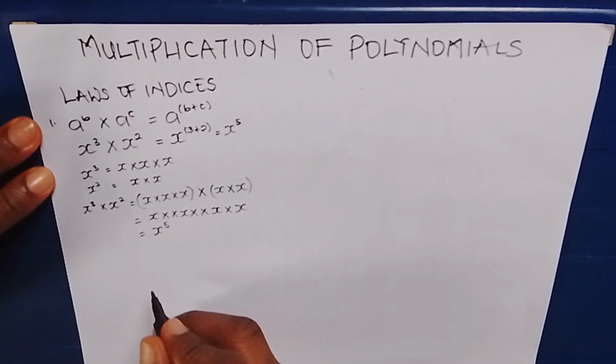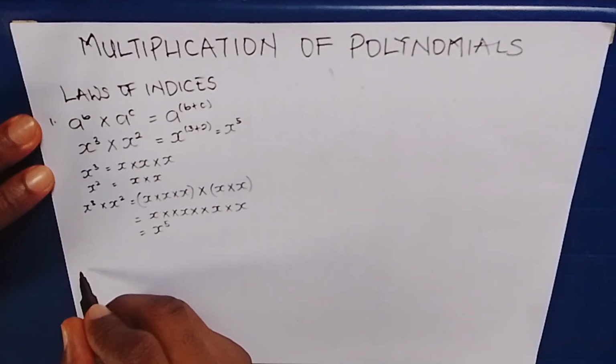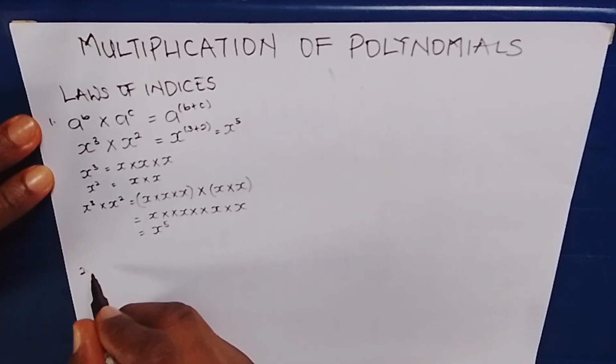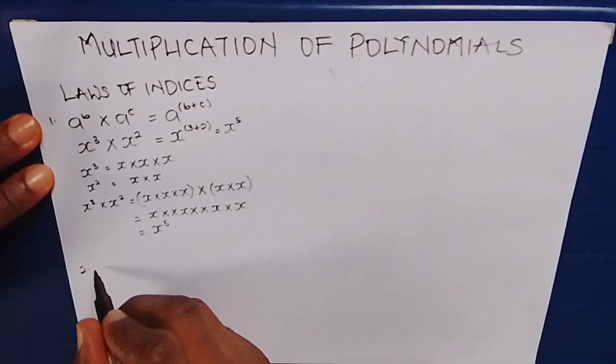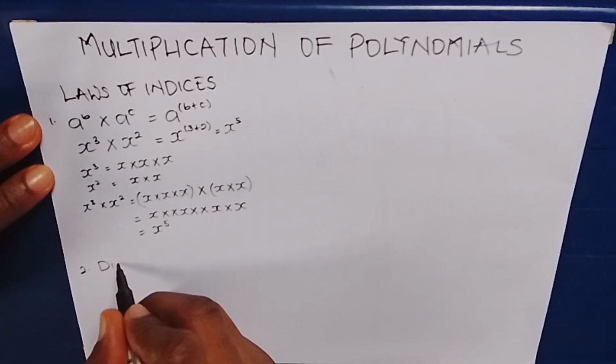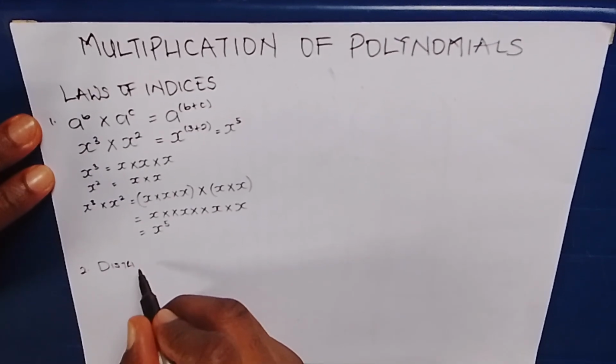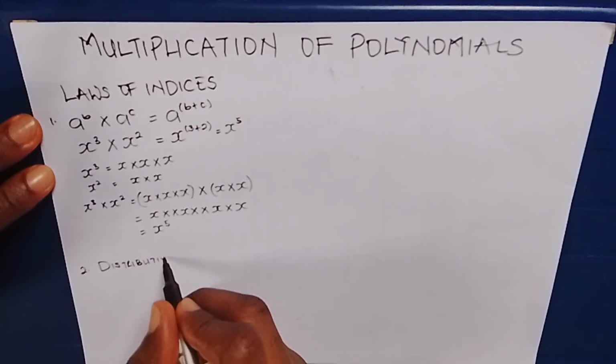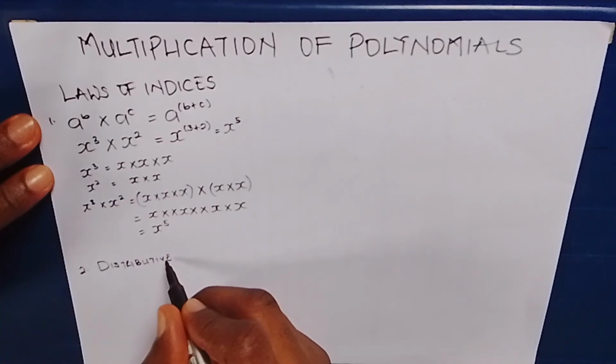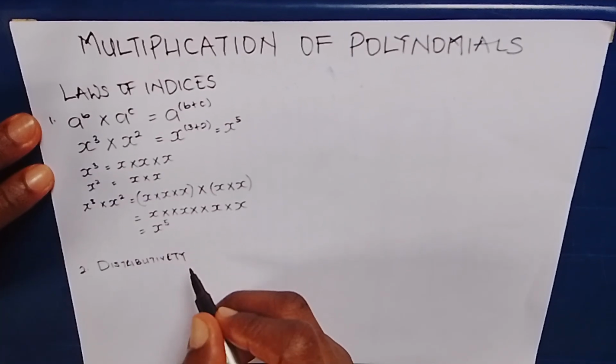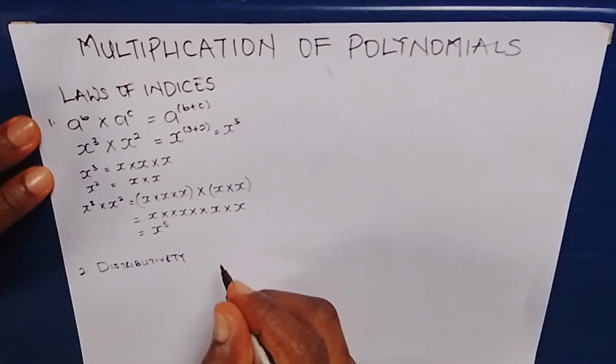So now the second thing I would like you to take note of is not under the law of indices, but take note of this. It's the distributive nature of multiplication. We call it distributivity.